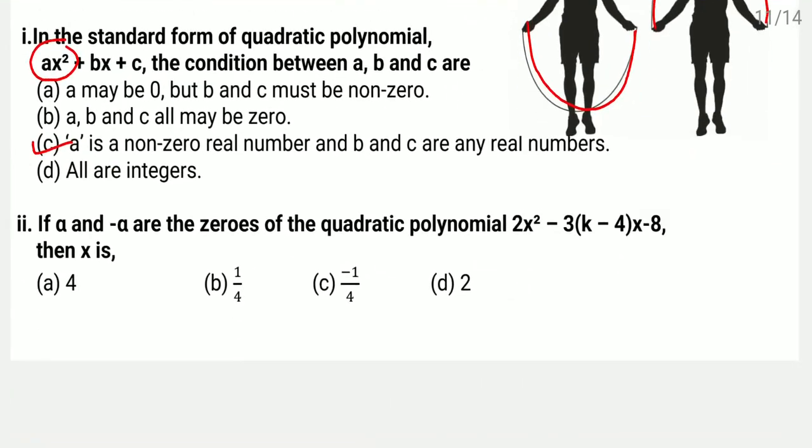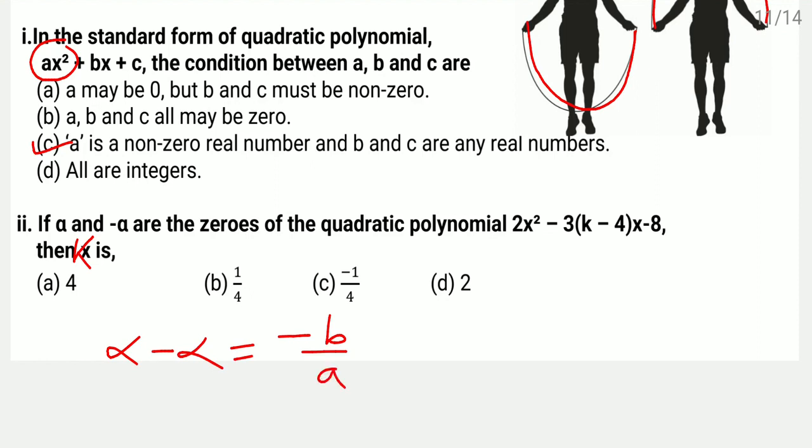Now here, if alpha and minus alpha are the zeros of the quadratic polynomial, then find the value of k. They are saying, it's supposed to be find the value of k. So if I write down the sum of the zeros, one is alpha, another is minus alpha, which is equal to the formula, minus b by a.